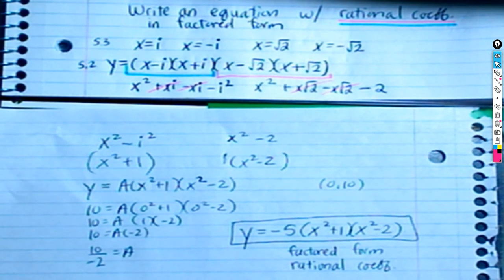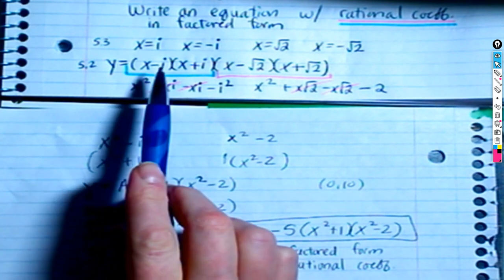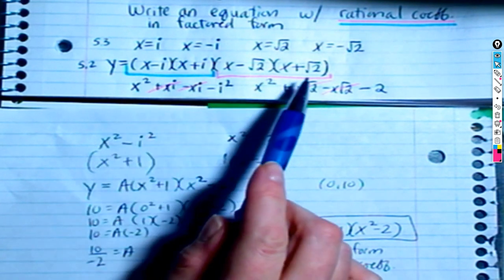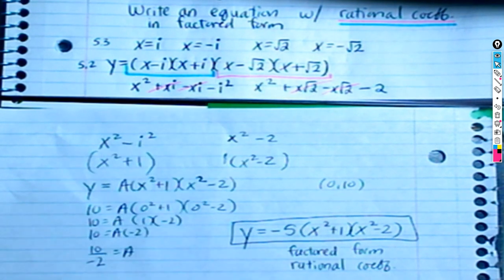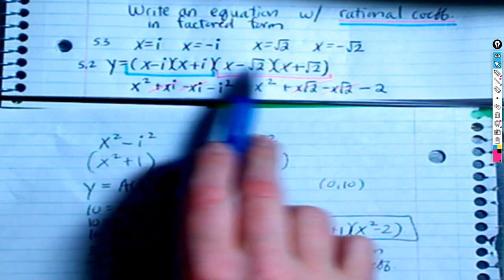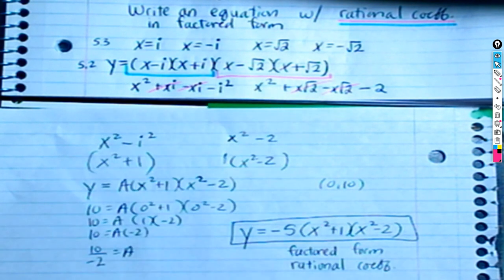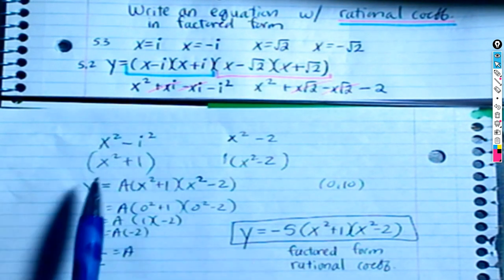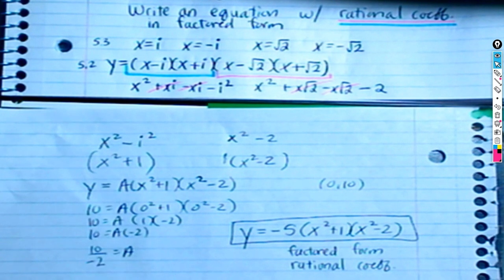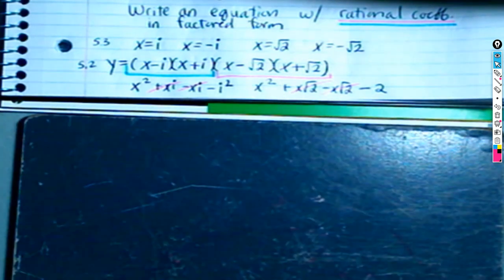Now, for the goodie. We're going to focus on this skill of multiplying rational coefficient, irrational conjugate roots together in order to get rational coefficients. Here goes.